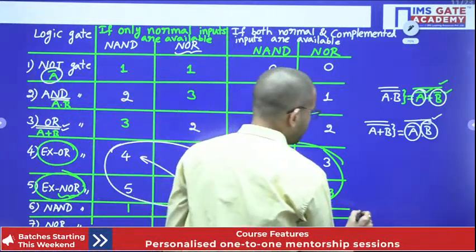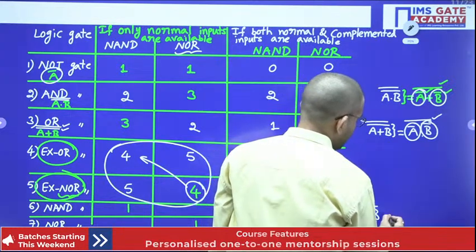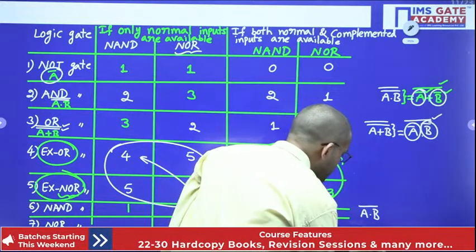So here NAND gate means AB whole bar, and here NOR gate means A plus B whole bar.